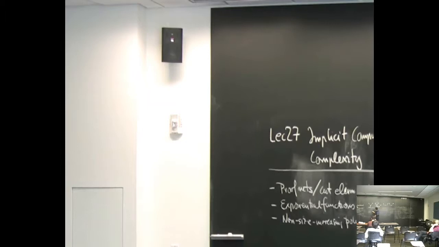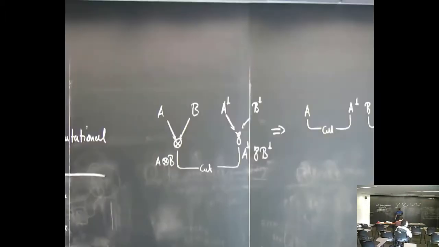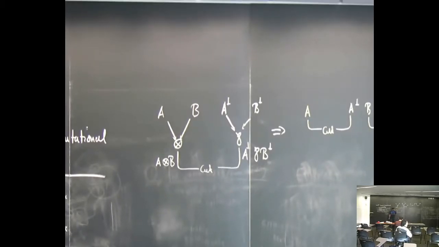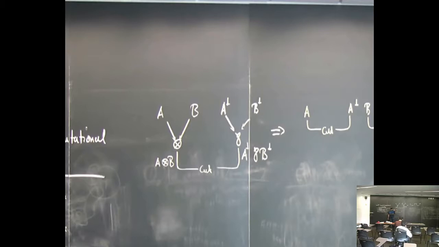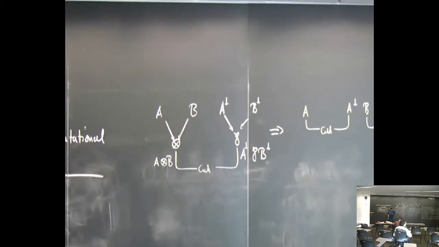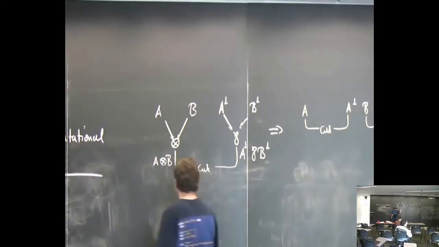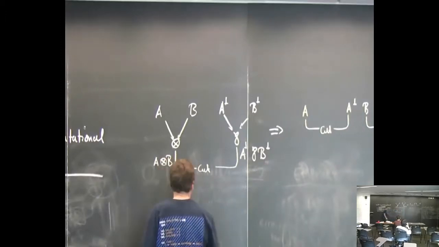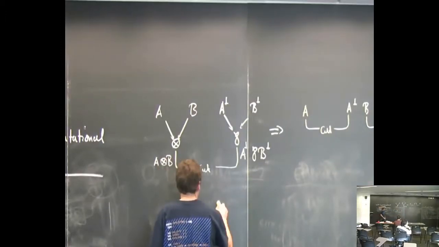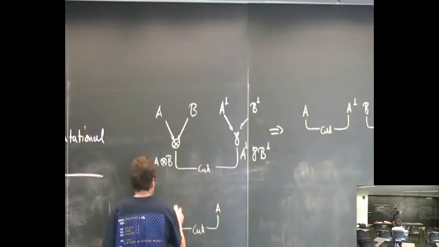So we could have a cut of some A or some A perp, where this is connected by an axiom rule to some A, like this.